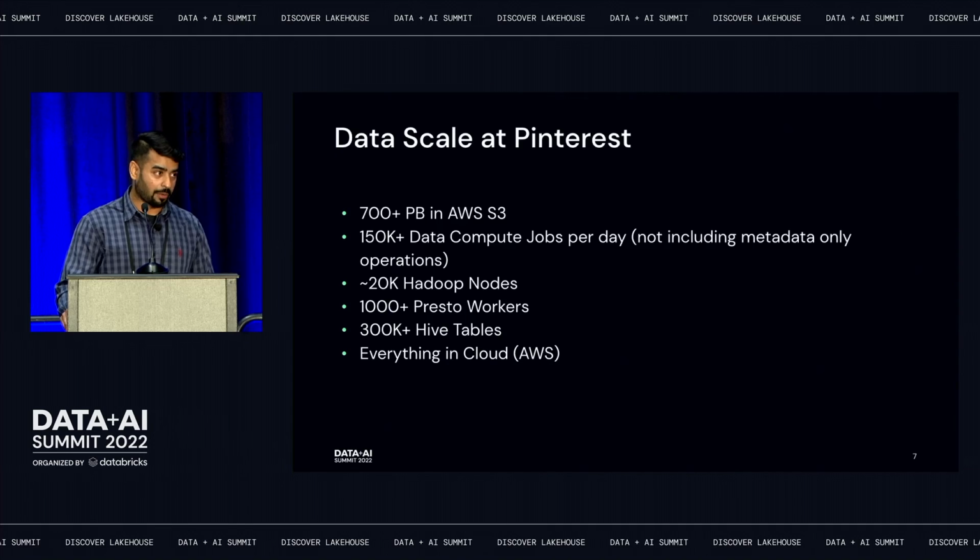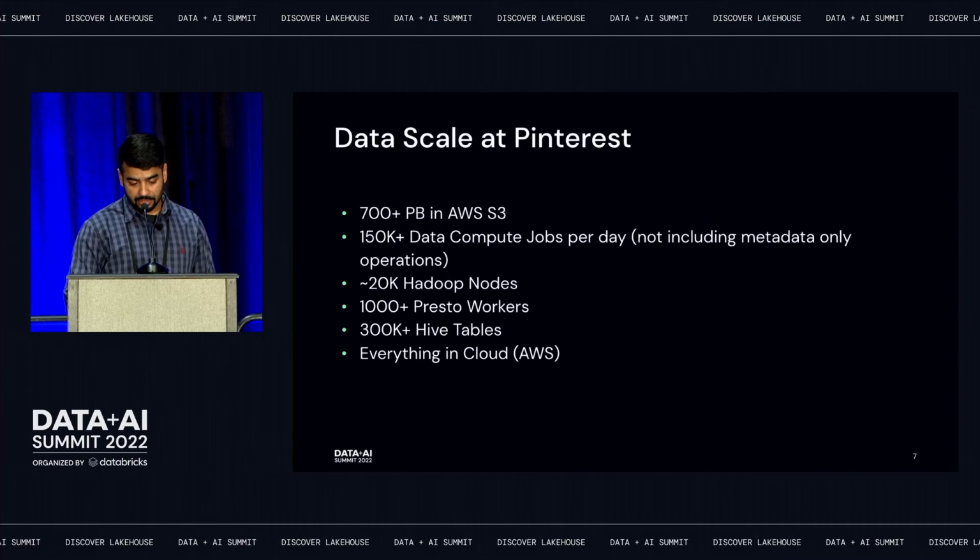And this is made possible by over 20,000 Hadoop nodes and over 1,000 cluster workers. We have over 300,000 tables in our Hive metastore. I'm not proud of that. We primarily use AWS for provisioning our infrastructure and to store our data. All right, hopefully these numbers got your attention.